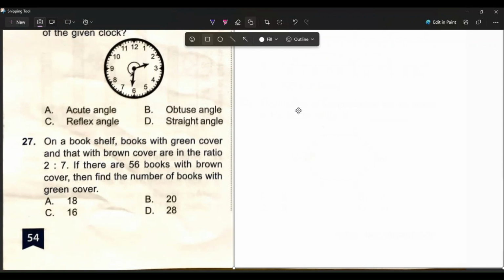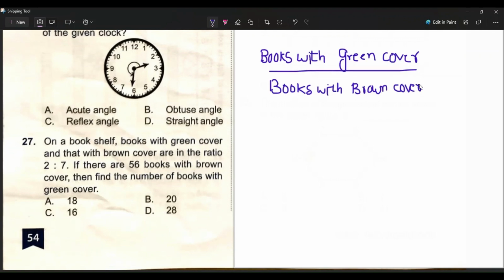So the ratio of books with green cover and books with brown cover is equal to 2/7. So books with green cover is not given. So let's think of it as x.